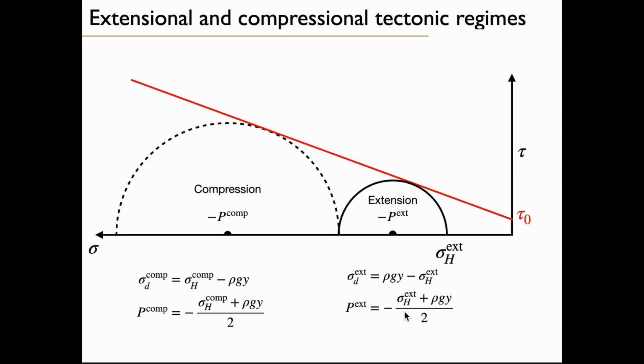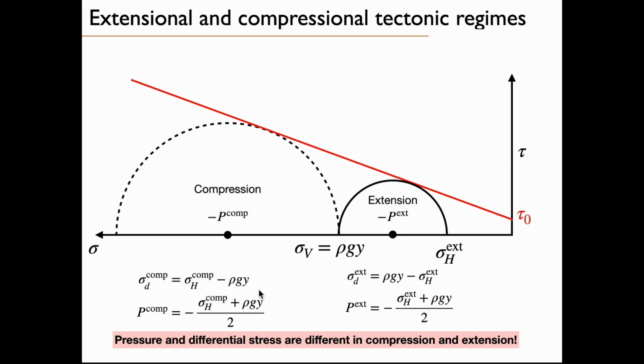And the pressure is minus sigma hx plus rho gy divided by 2. So for the same vertical load, we have different pressures and different strengths or differential stress. That's very important. So pressures and differential stress are different in compression and extension.